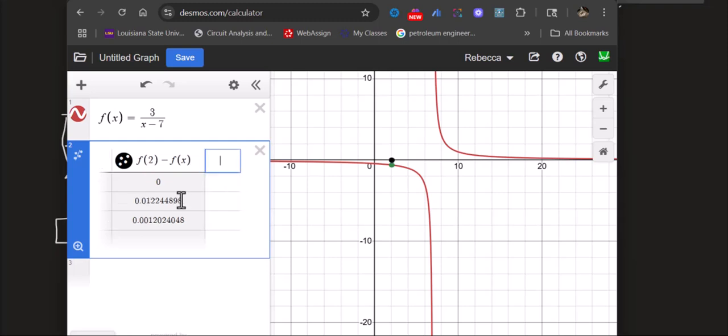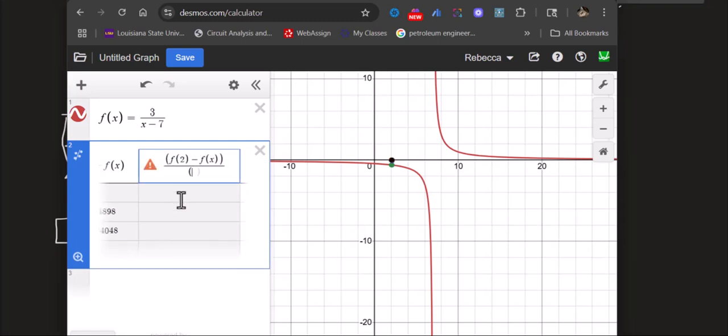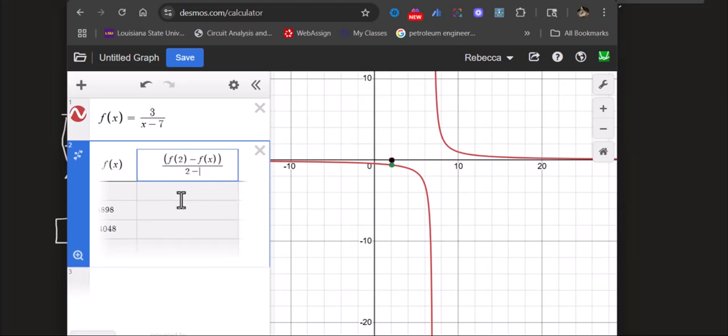And then I could have f of 2 minus f of x over 2 minus x, and then it does the entire problem for me.